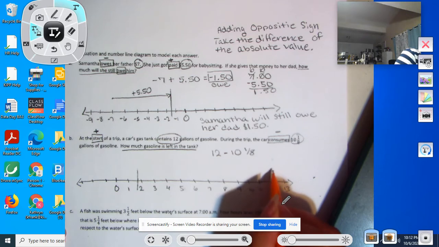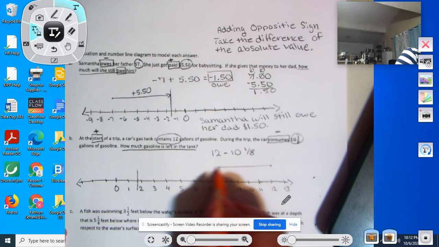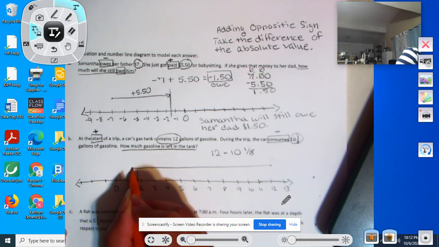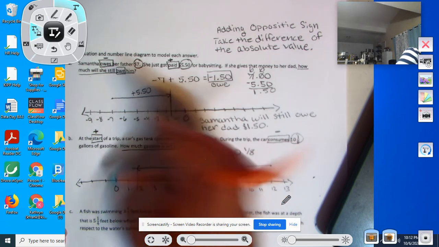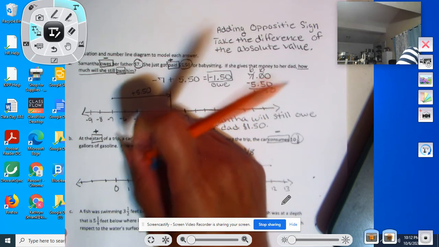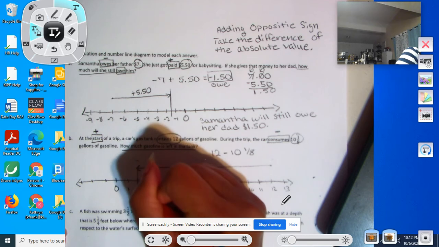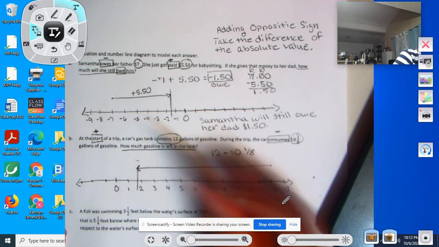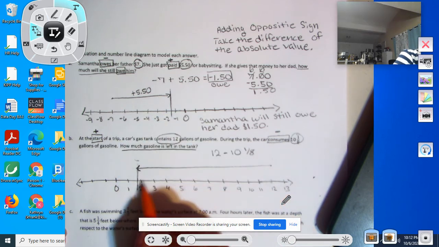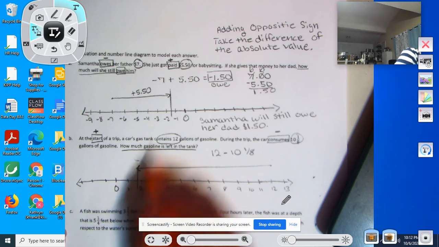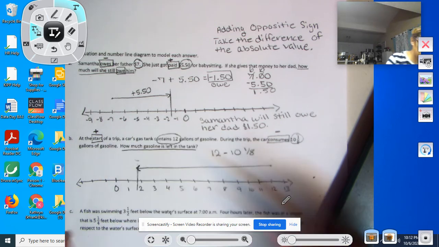So I'm going to start the tail of my arrow here at the 12 and move it to the left. I actually need to stop right there at that line. Drawing this little line here after we've counted it out helps ensure that we know where to stop our arrow.